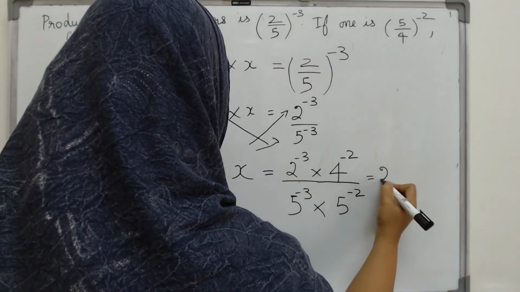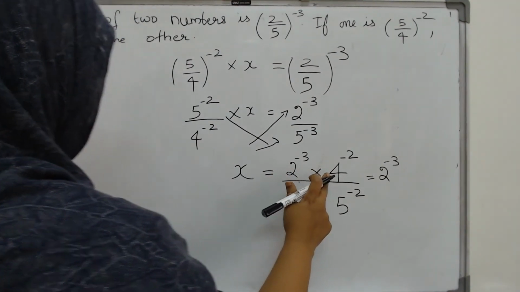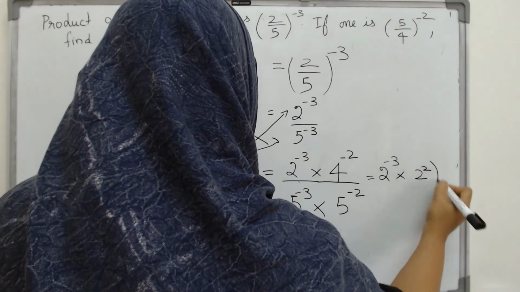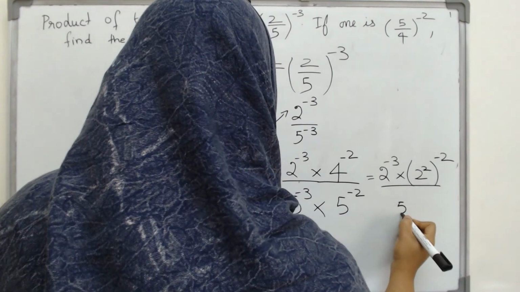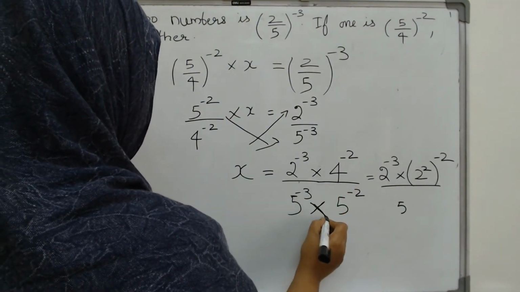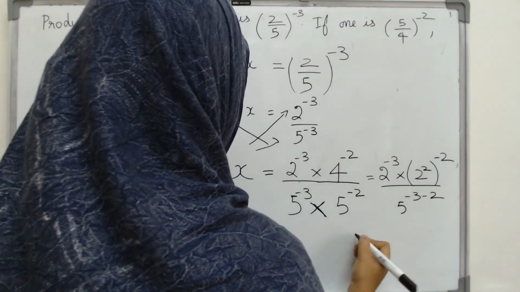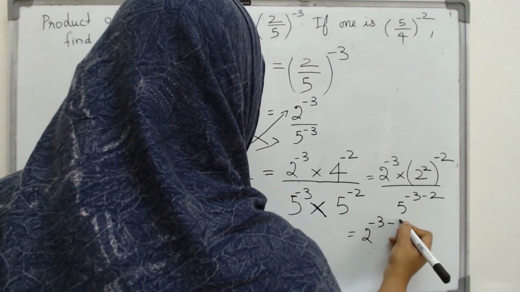But then, do you see the difference in the base? This is 2 and this is 4. So how do you make 4 into 2? This is 2 square raised to minus 2. That is equal to 5 raised to same base, different exponents, and it has a multiplication sign in between. So that would be 2 raised to minus 3 minus 4.